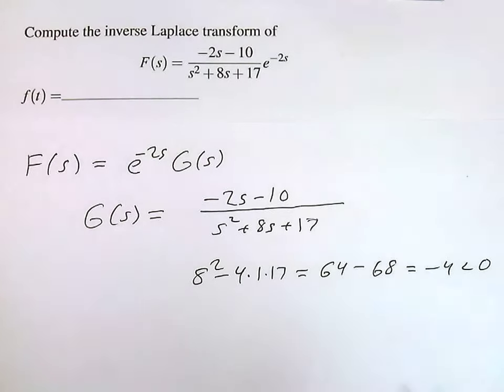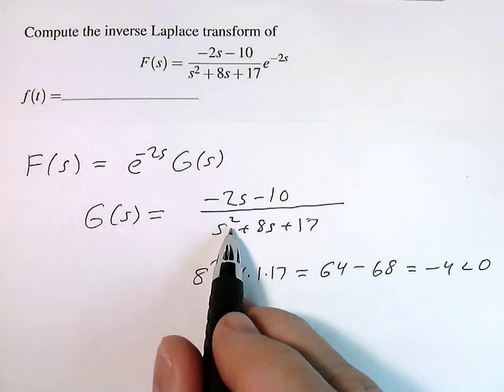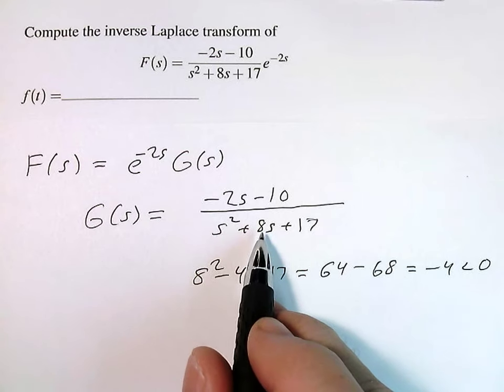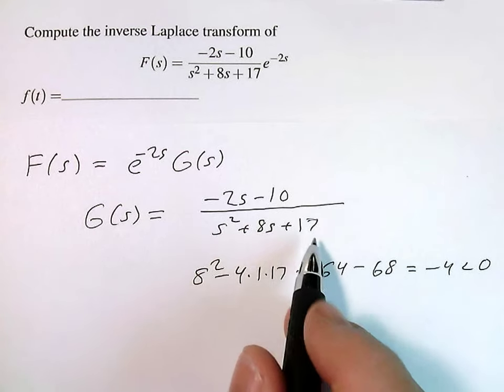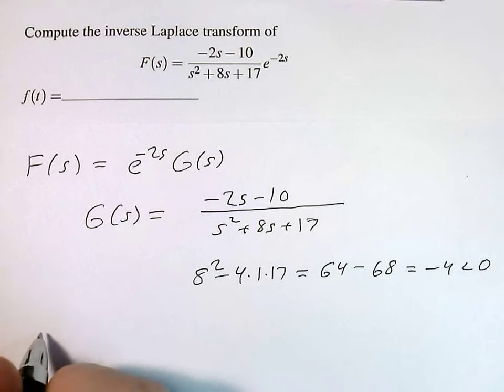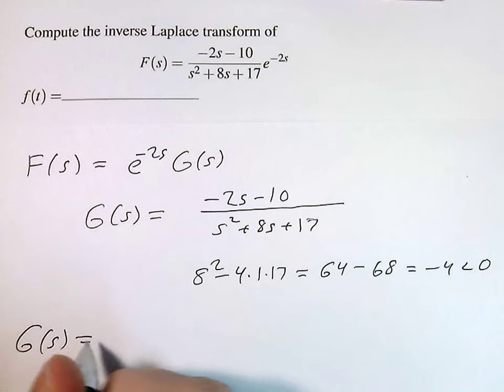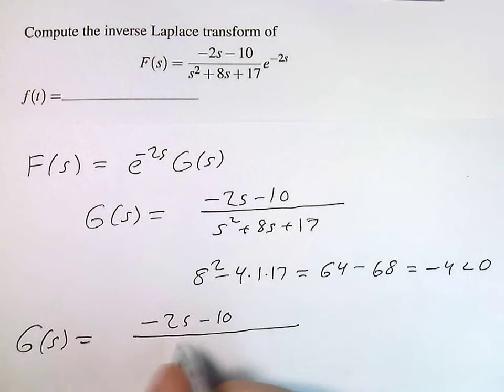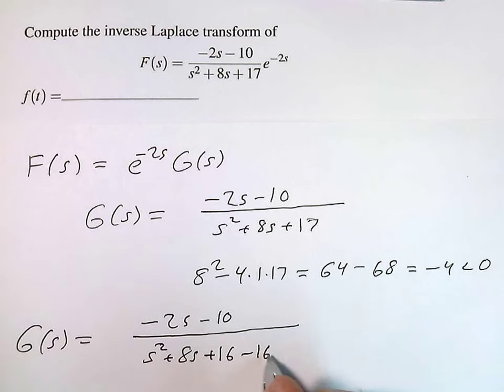Instead, what I want to do is complete the square. So I have s squared plus 8s. I take half of the 8 and square it, so I want to have a plus 16 here. So I'm going to write my G of s as negative 2s minus 10 over s squared plus 8s plus 16 minus 16 plus 17.